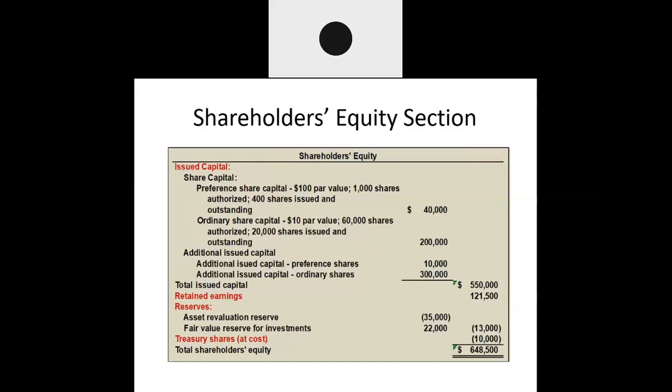Then the retained earnings, and then the reserve, which here consists of the asset revaluation reserve. Remember, the revaluation surplus you accumulate in the asset revaluation reserve. Treasury shares also are reported under the equity section, and then you get the total shareholders' equity.